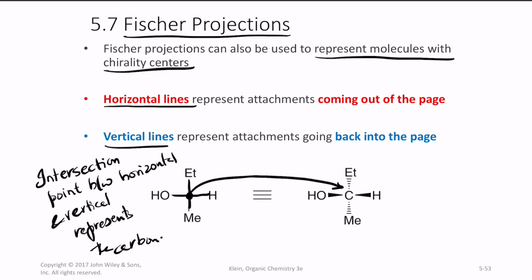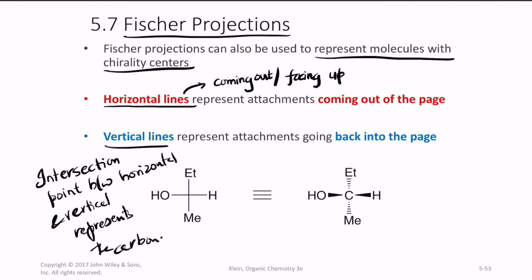So how do you know which lines are pointed towards which side? One way of knowing that is to look at each line. The horizontal lines are the ones that are coming out of the page, or facing up, and vertical lines are the ones that are going into the page, or facing down.